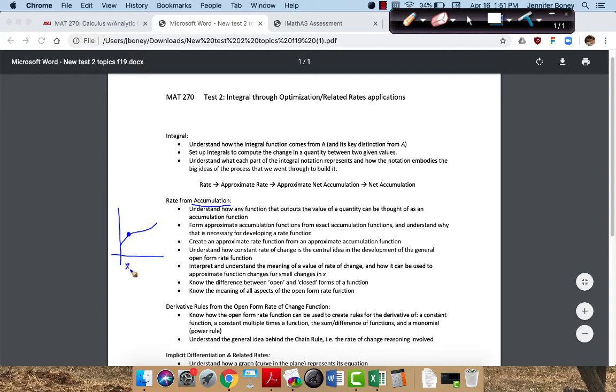So if I have some accumulation function f, and I want to measure a rate of change in a moment around x, then I imagine a second spot that's h units later, and just imagine that h is very small, so that x plus h and x are extremely close together.